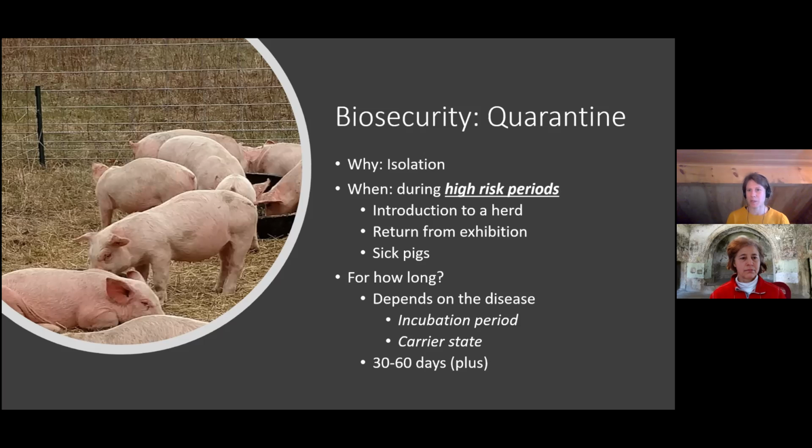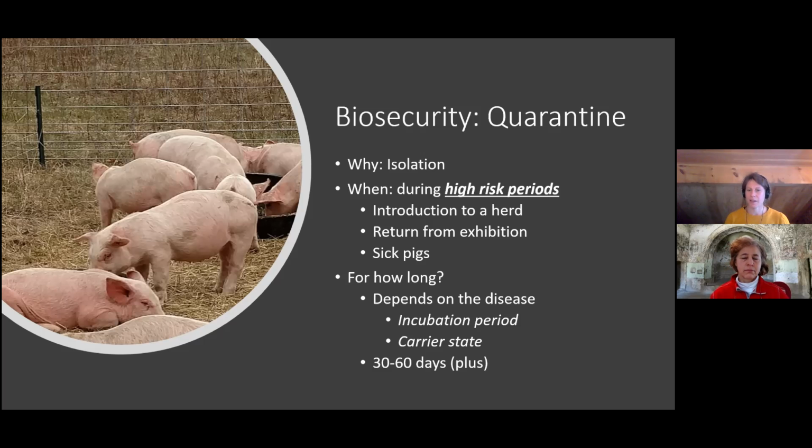So a quarantine period is really recommended when you're combining 2 groups or introducing 1 pig to a group so that you can avoid any potential negative impact of a carrier pig. So you want to do this during high risk periods.